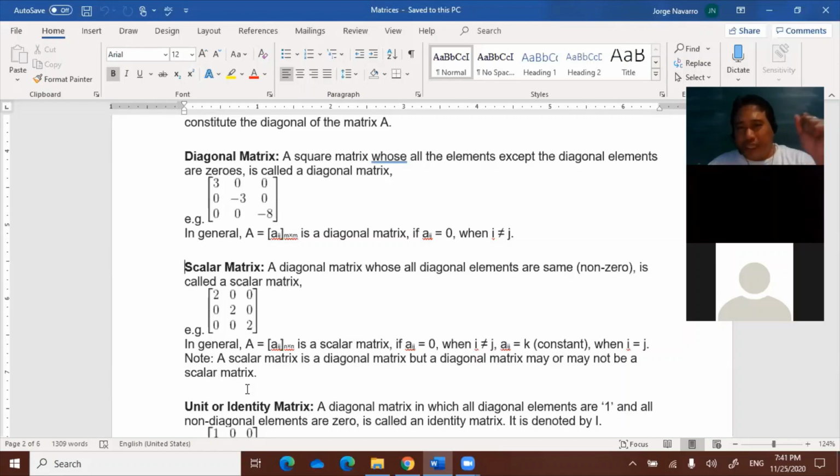A Toyota is a vehicle, but not all vehicles are Toyotas. And that's what it's saying there. So all diagonals are scalar. I'm sorry, all scalars are diagonals, but not all diagonals are scalars.